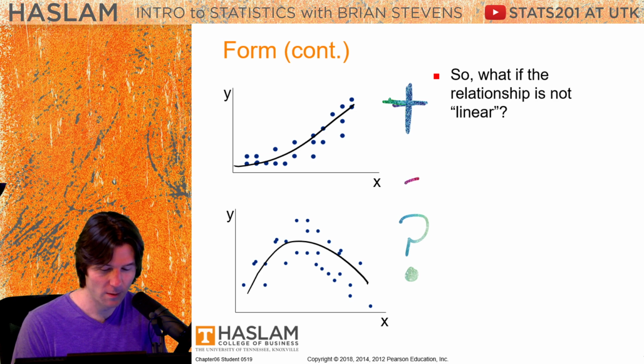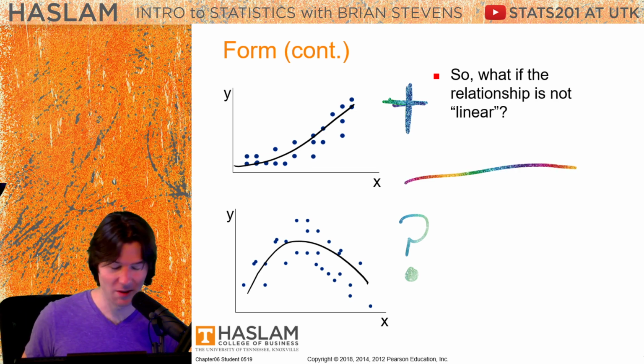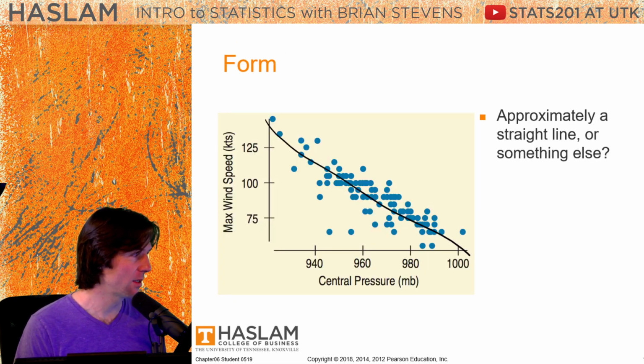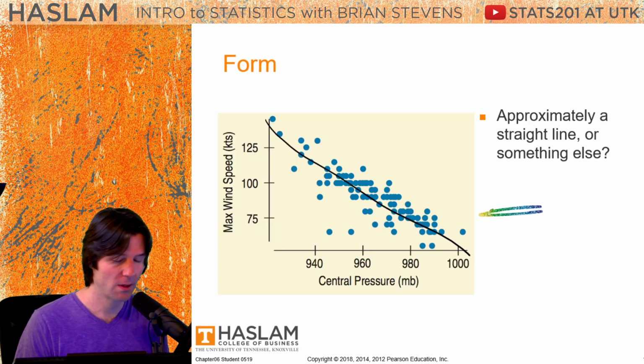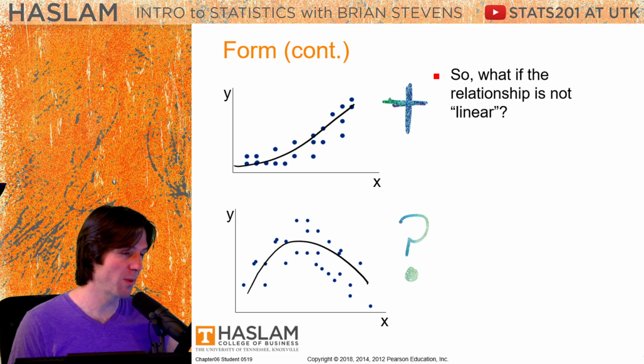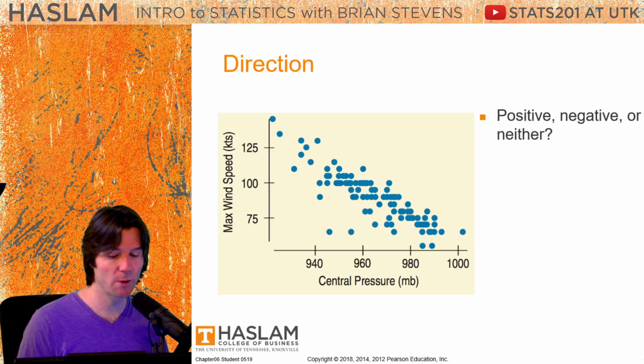This is Rainbow Pen. So we've got positive, negative, and neither. This one is negative, that is positive, and that is not well described by positive or negative. So now we understand what direction is.